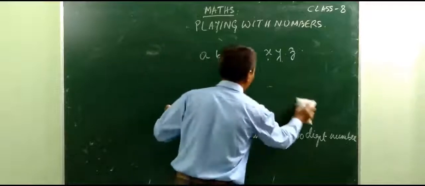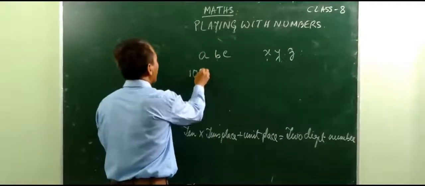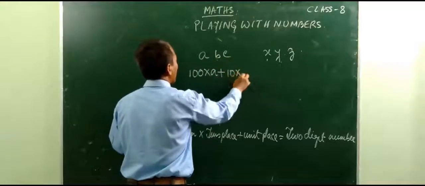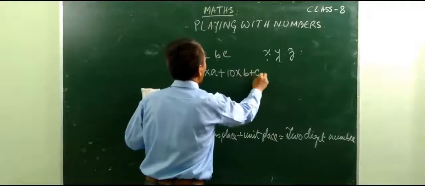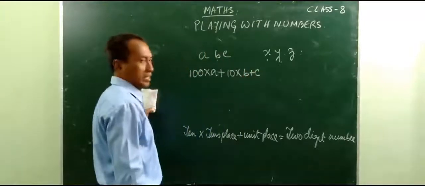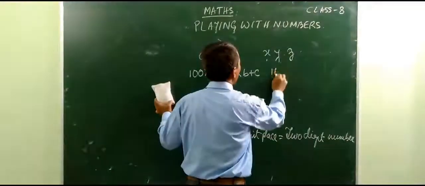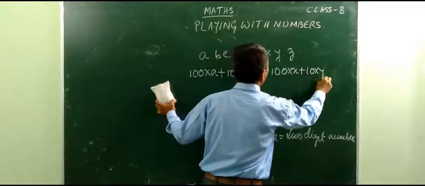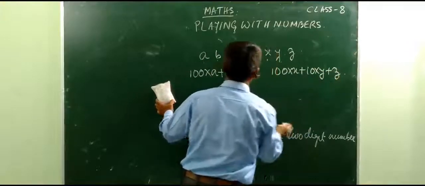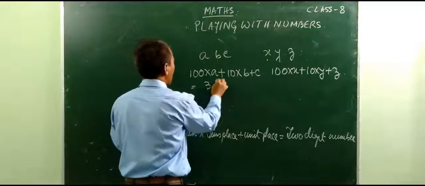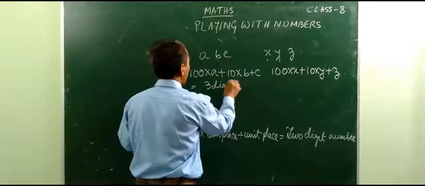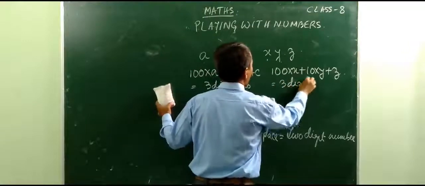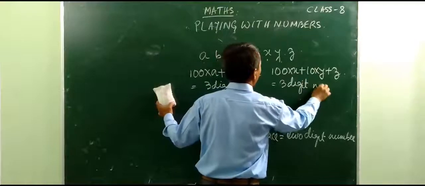The formula is the same here: 100 into hundreds place plus 10 into tens place plus unit place. This is your 3-digit number.